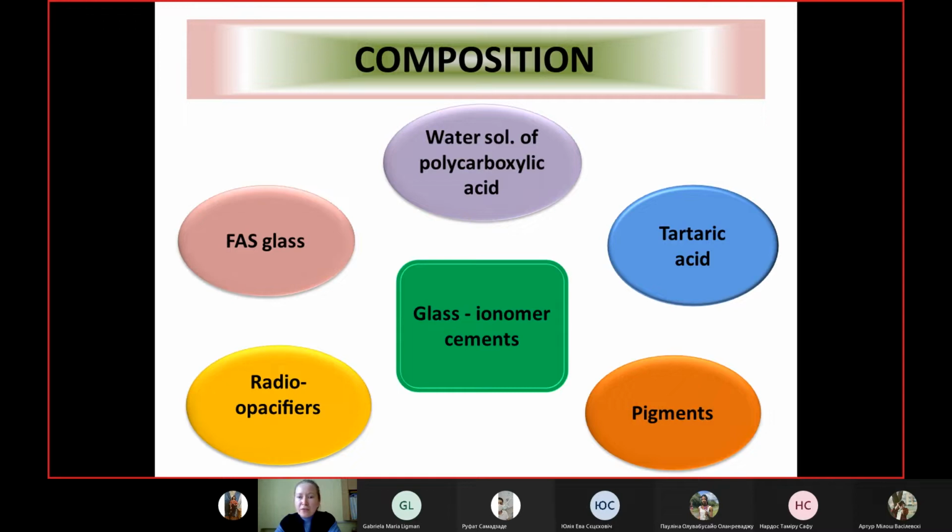It can be in a separate bottle or can be added as a dried acid into the powder formulation, and such components as tartaric acid, radio-opacifiers and pigments are given. So this is the composition of glass ionomer cements.